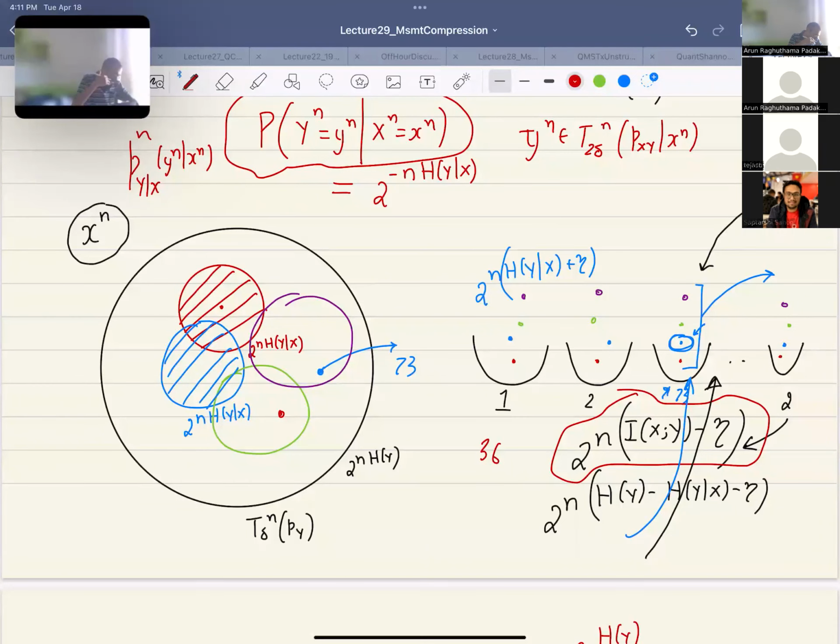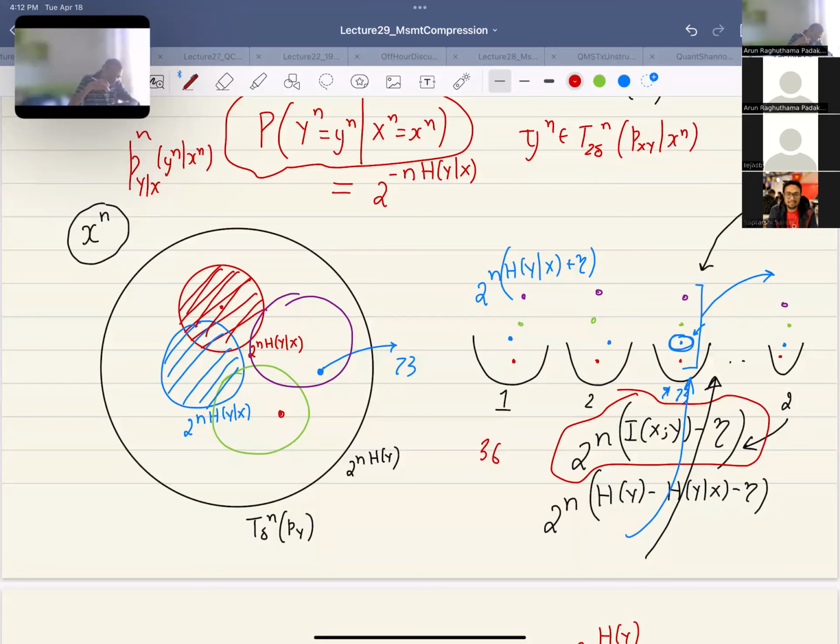Now, what has happened is that this red conditional typical set has been stripped into the different bins, and so you are randomly assigning bin indices to every sequence. What it has done is every conditional typical set has got spread into all of these bins.